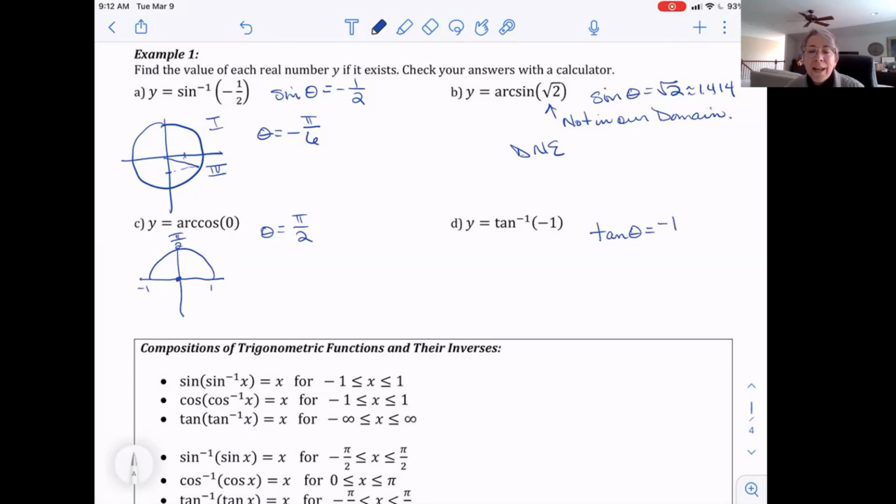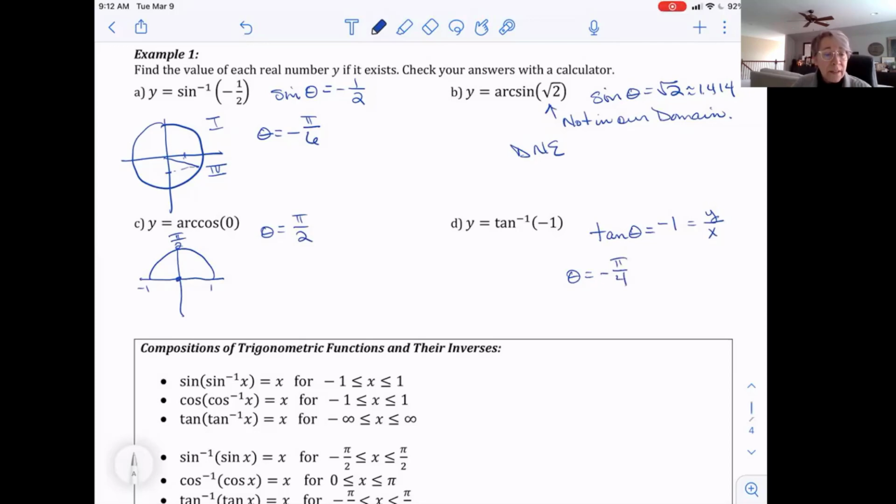And remember, there's only one angle where your y and your x value are the same, and that's the multiples of the 45 degrees. So we have theta of a negative pi over 4.